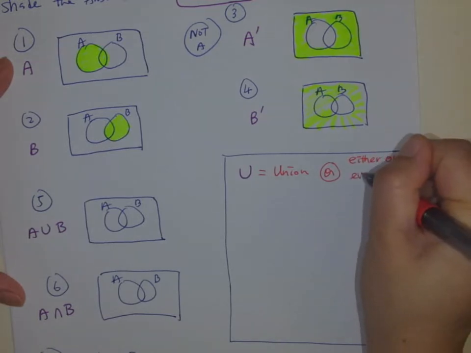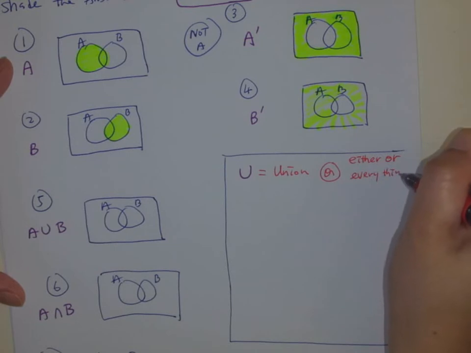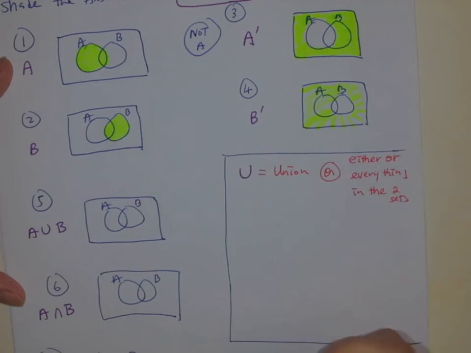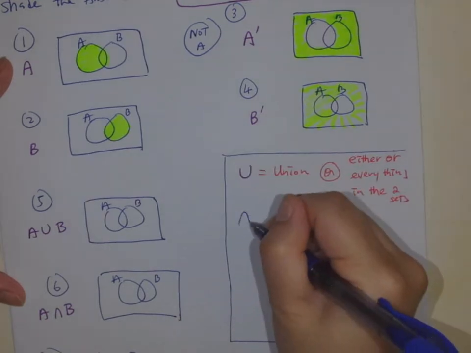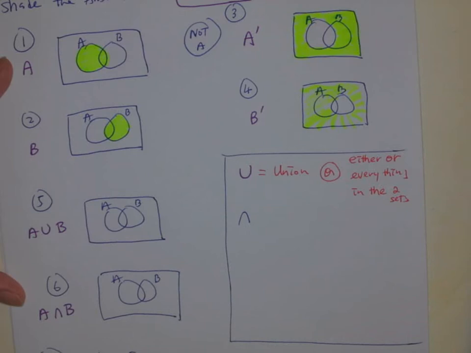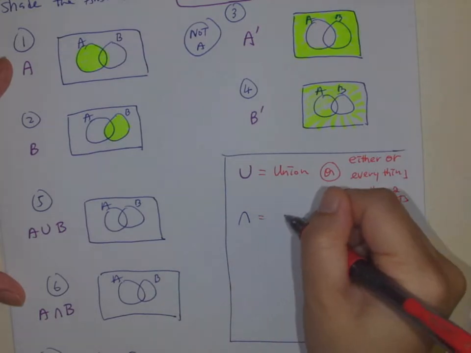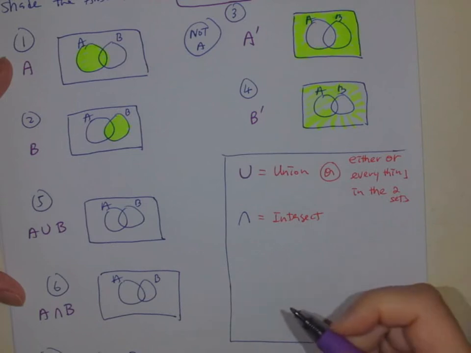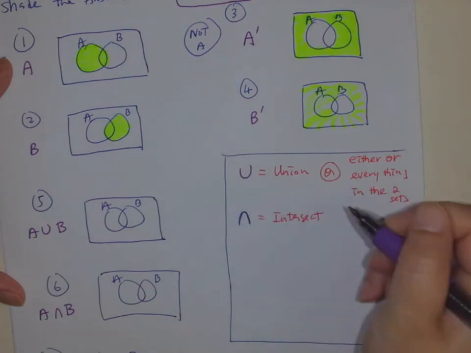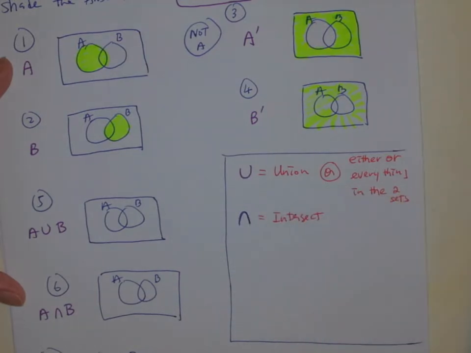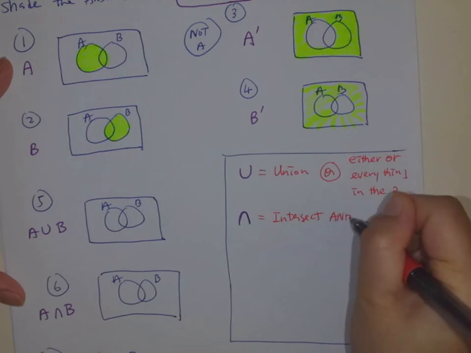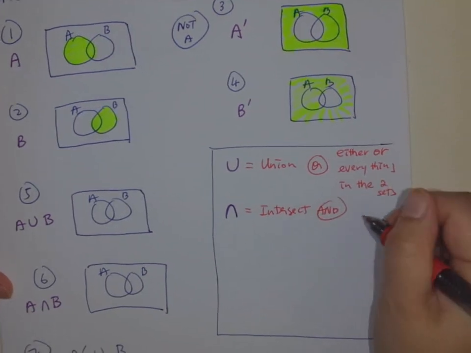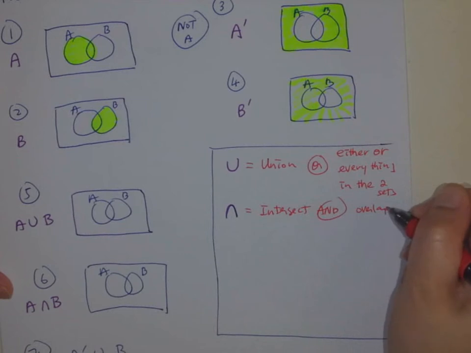So everything in the two sets will be part of my answer. And if it's like this, this means intersect. My answer would be the overlapping part, and the keyword is and.